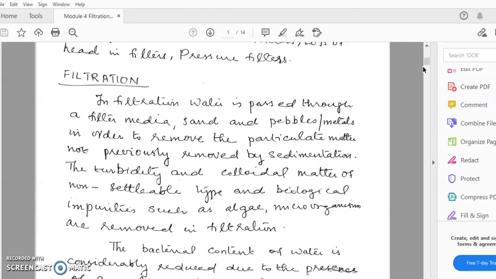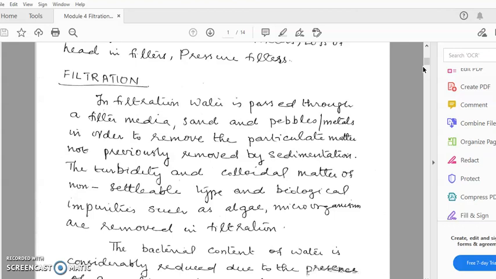But still the very minute particles, which are mostly negatively charged, will not settle even in the sedimentation process. And the water contains algae, microorganisms, etc., which are biological in nature, and these particles also we have to remove.